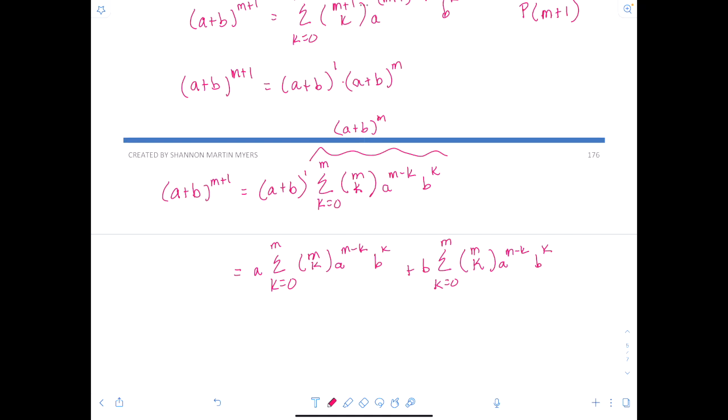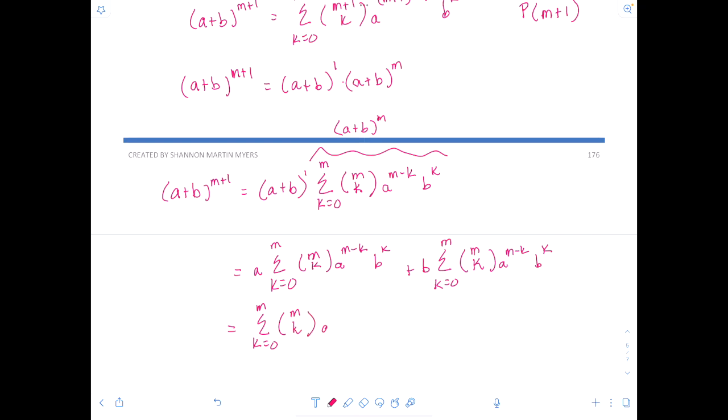Now, let's see what would happen if we put these into one, that brought the a in and then the b in. We would have the summation as k goes from 0 to m of m choose k.